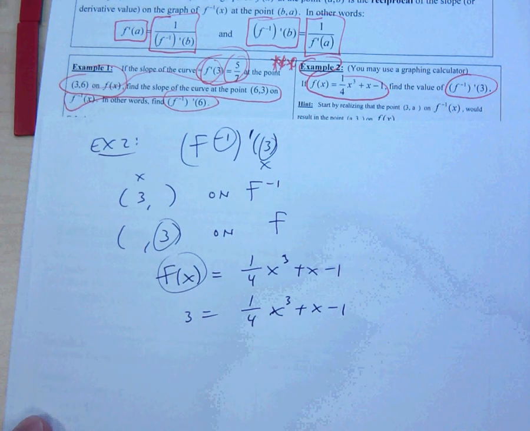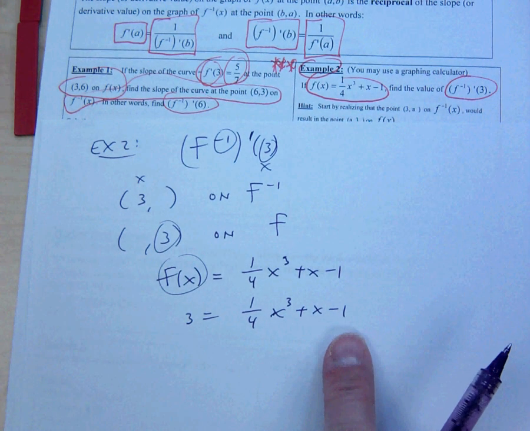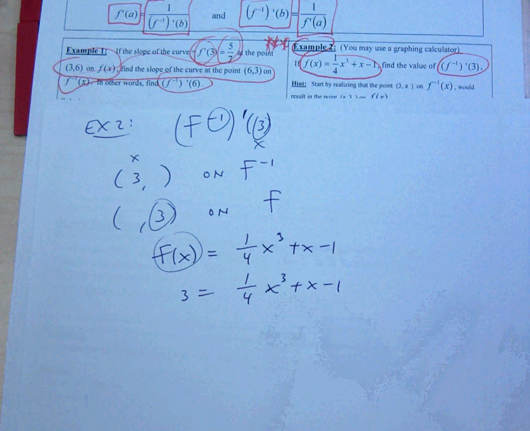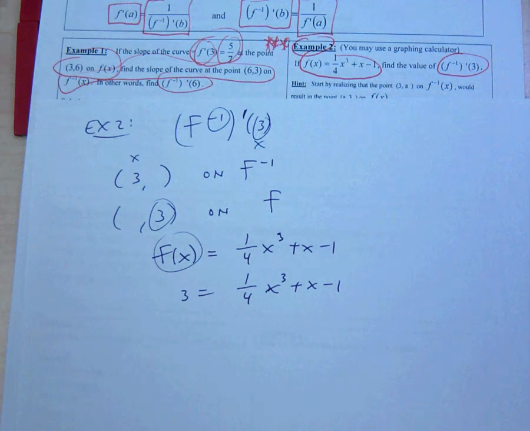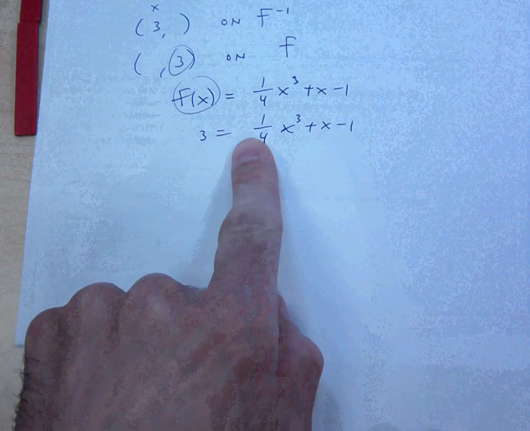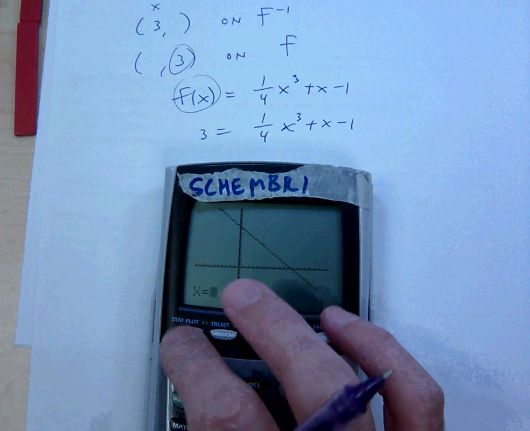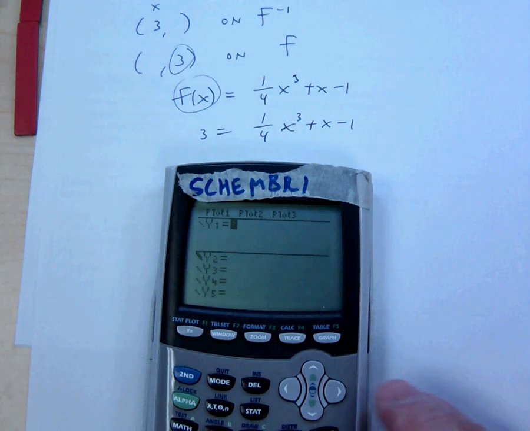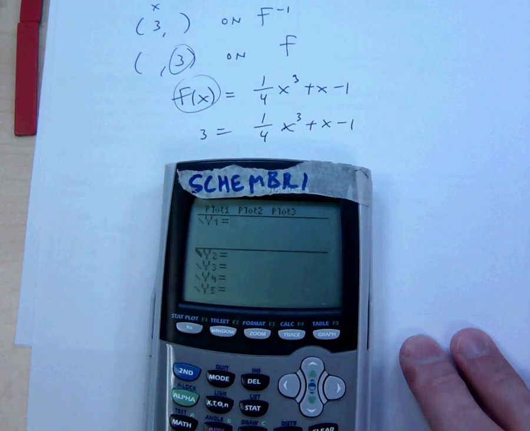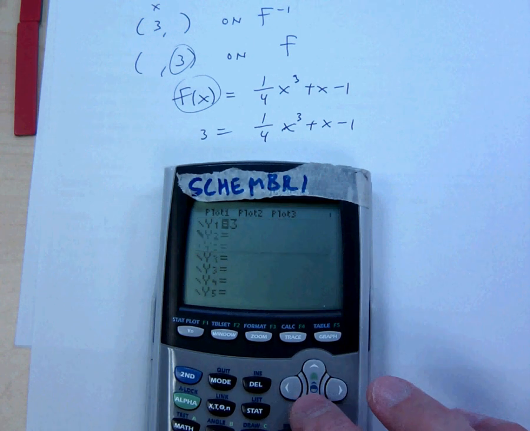Now, you could move the 3 to the other side and try to solve it algebraically, but I don't think you're going to be able to do that. It's not going to work. Another way to find x here is to solve this equation by graphing on a calculator, which you should all know how to do. You simply put one side of the equation in y1, and the other side of the equation in y2.